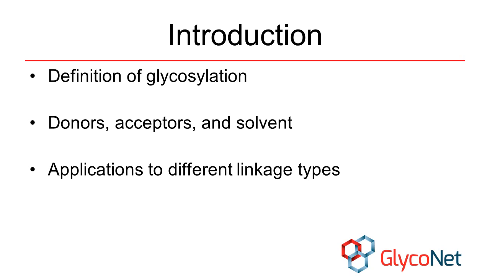We will then apply this knowledge to describe how to make specific linkages, and finish with an introduction to the concept of orthogonal glycosylation. If you are looking for an introduction to the biological synthesis of carbohydrates, be sure to check out the video module on enzymes and chemoenzymatic synthesis.